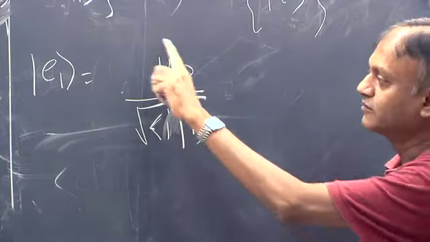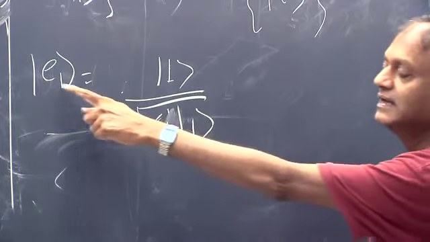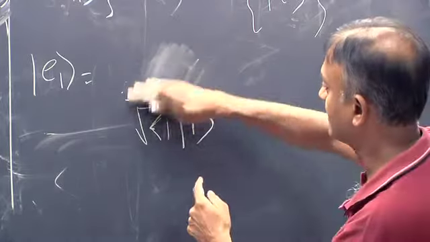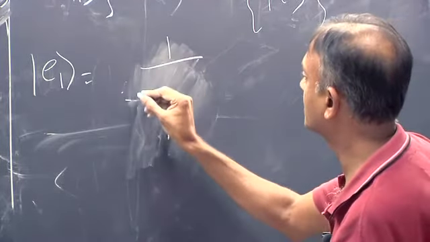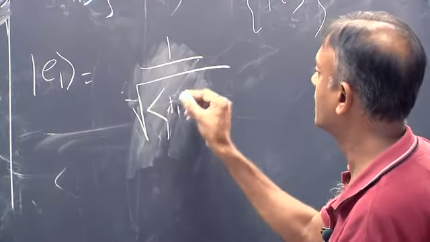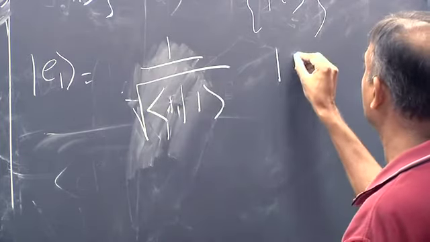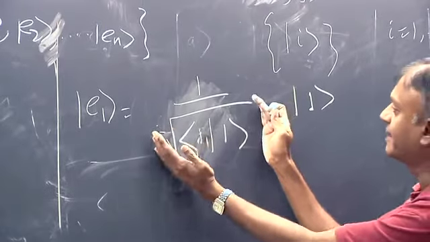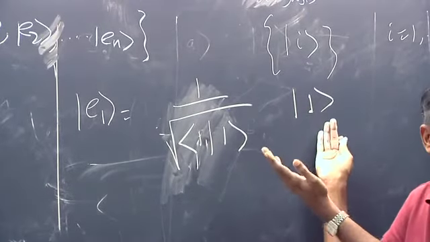If you define this vector, then clearly E1 with E1 is 1. Sorry, let me write it like this: 1 over the square root of f1 with f1. This is a number, and I'm just multiplying that number to the vector, which is again a vector.